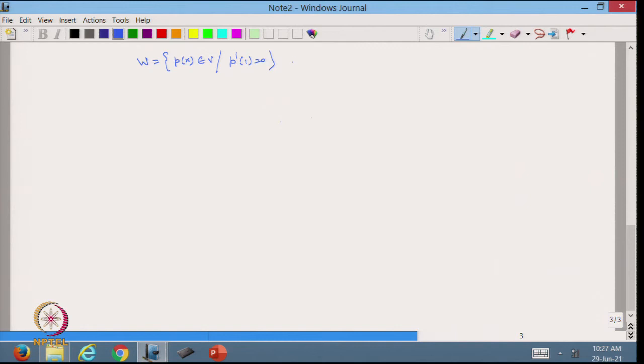Of course, this is a subset of the vector space V. Also W is a subspace of V. How is it a subspace of V?